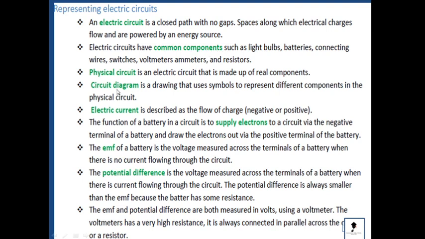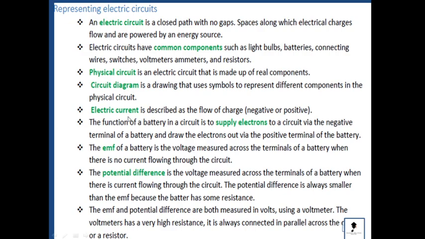Sometimes we can represent an electric circuit on paper diagrammatically, using what we call circuit diagrams. So once our electric circuit has the battery and all the components in place, our current can start to flow. We will look at current later on. But in this video we want to look at the definitions of the basic things that we need to know.